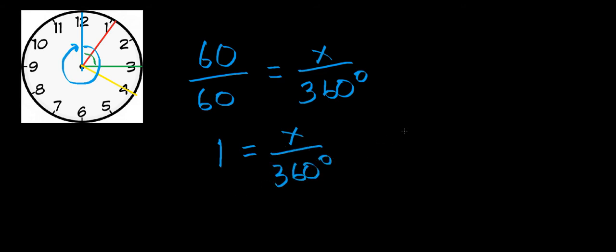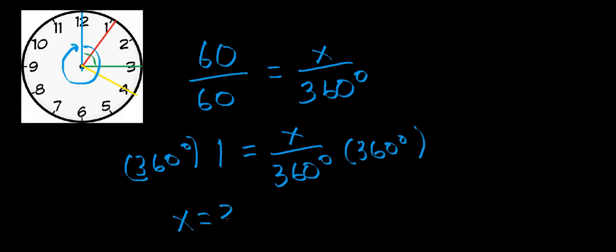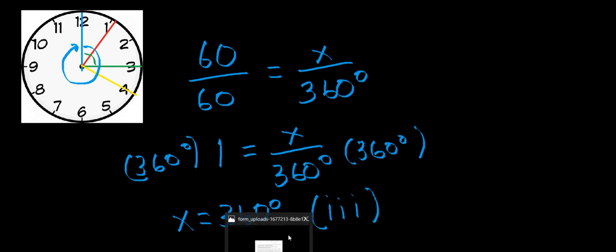If we multiply both sides by 360 degrees, what do we get? We get x equals 360 degrees. And that is the answer to part 3: how many degrees does the minute hand travel in 1 full hour, or 60 minutes?